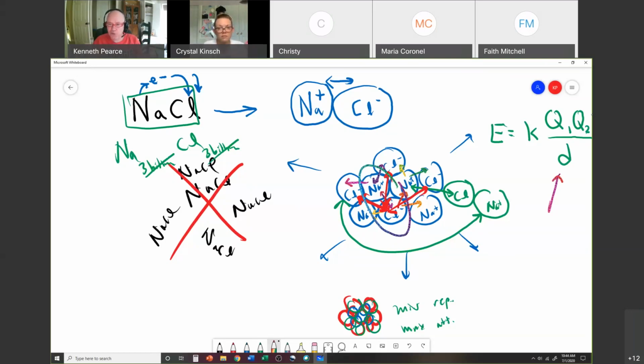Now, we should have figured this out just in a hand-waving sort of way. We should have said, oh, yeah, of course, if they're closer together, they're important. But here's why. It's because of the distance term. If you're close together, that term is small, so therefore the energy is higher. If you're further apart, the denominator gets bigger, therefore the energy gets smaller, so it becomes less important.